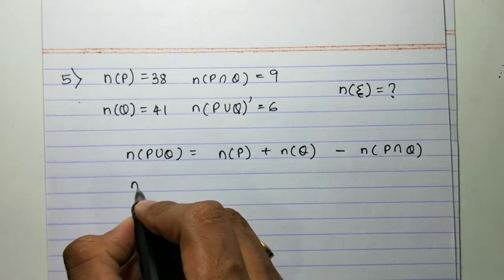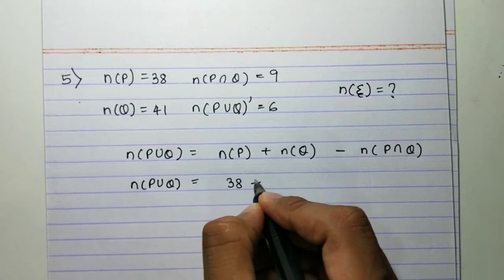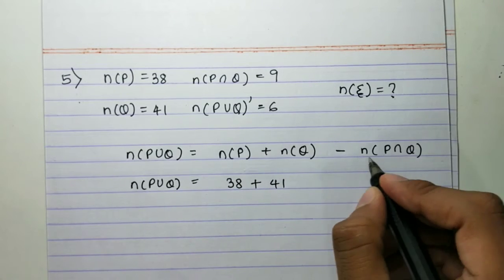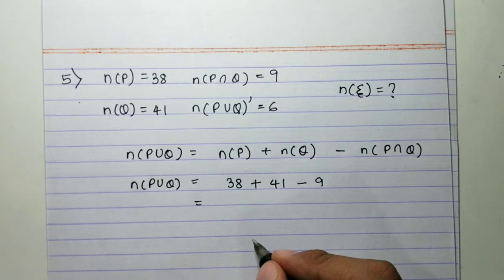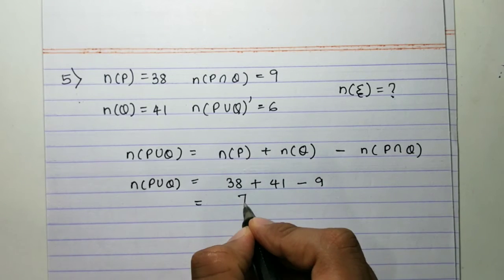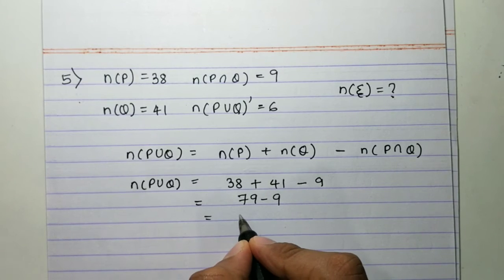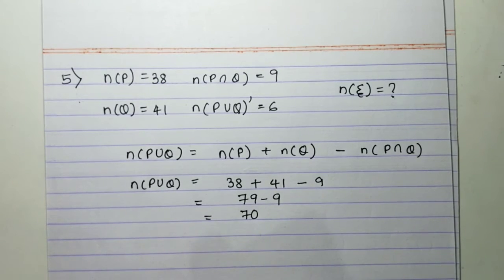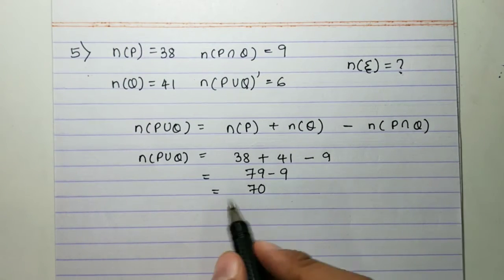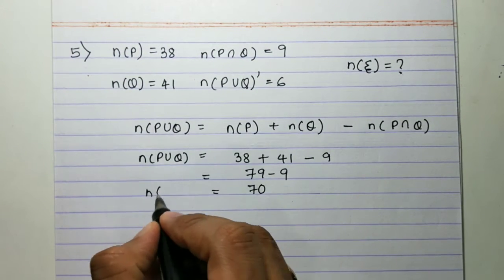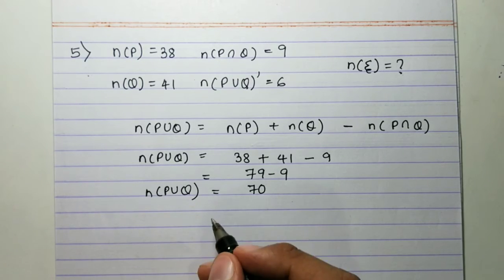So here, this is 38 plus Q is 41, and what is P intersection Q? It is 9. So this is 79 minus 9, that is 70. Okay, so I got P union Q as 70.